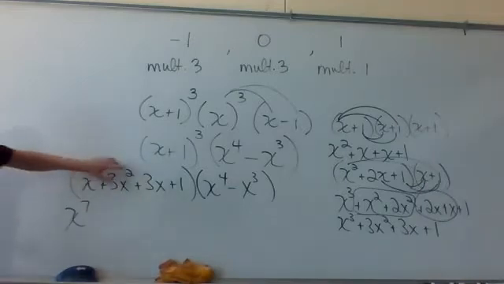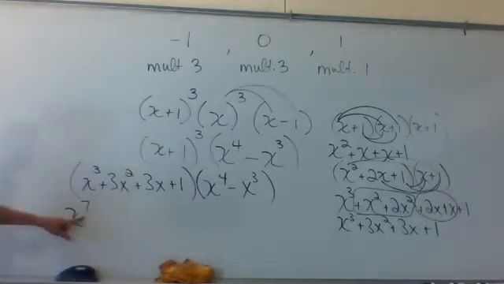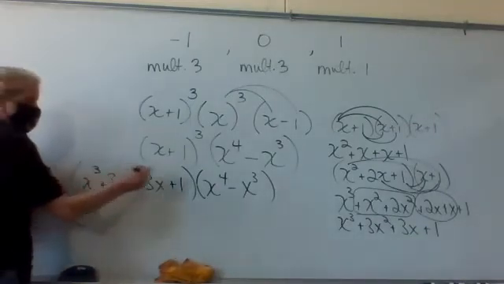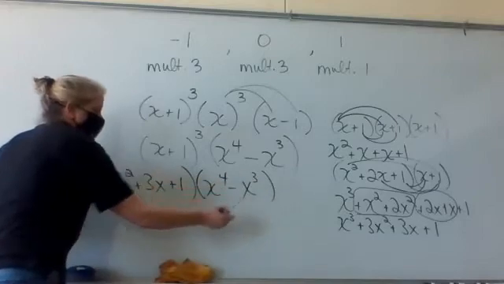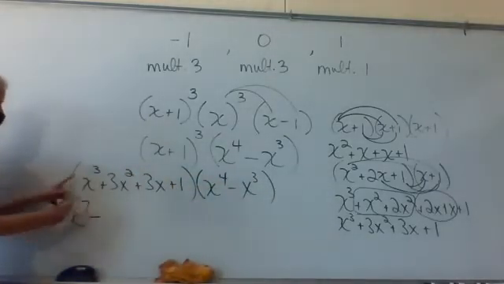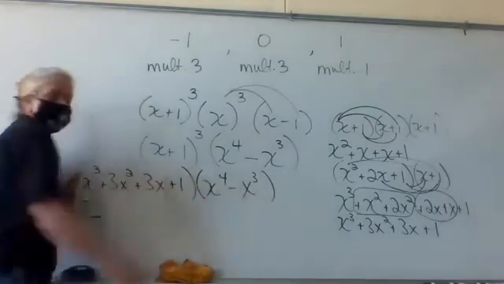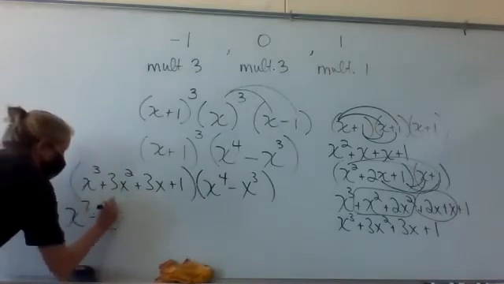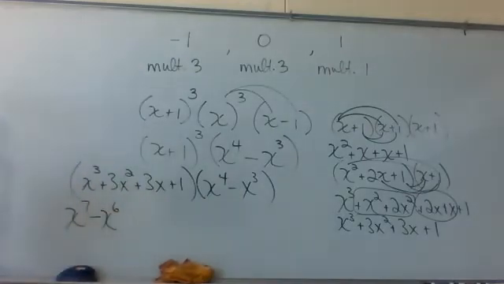So let's see, x to the 3 times x to the 4th gives me x to the 7th. Now I need to do x to the 3rd times negative x to the 3rd. So get your sign right first. Positive times a negative is a negative. X to the 3rd times x to the 3rd, when you add those exponents together, will give you x to the 6th. So I'm done with this one.